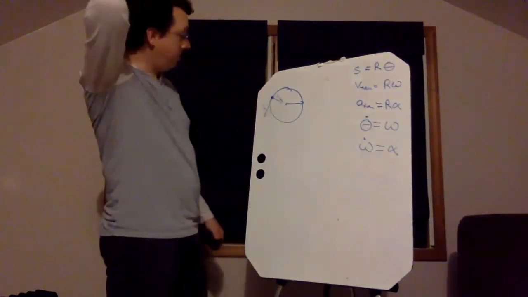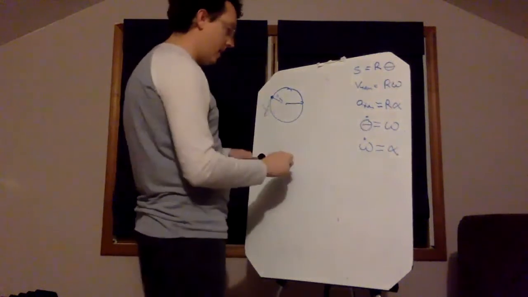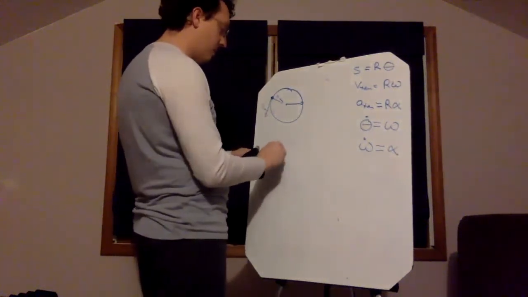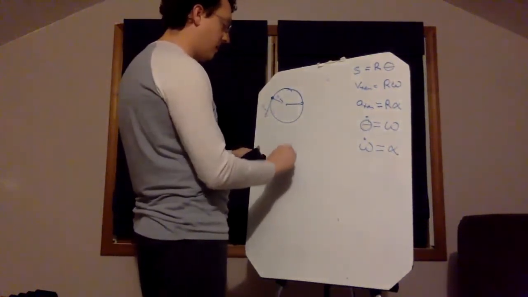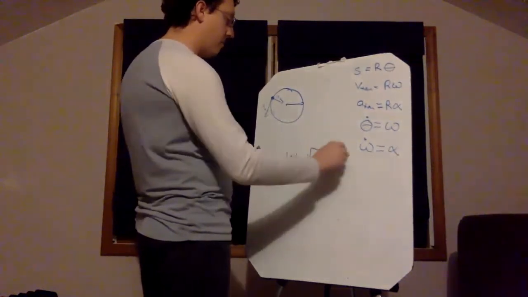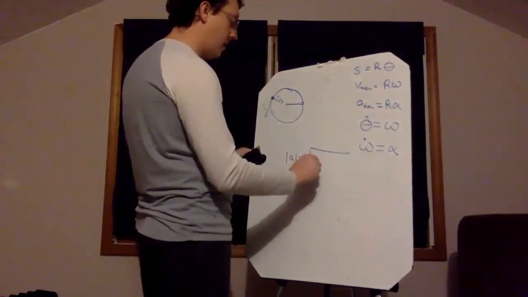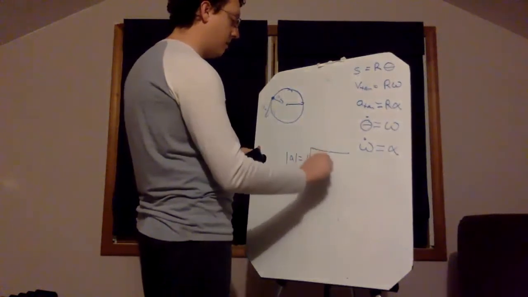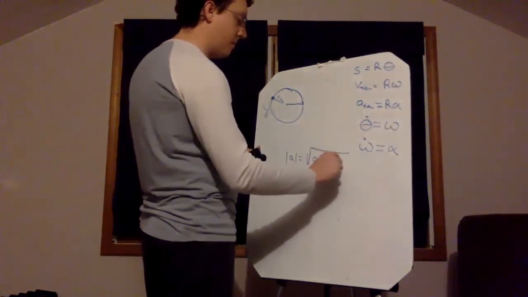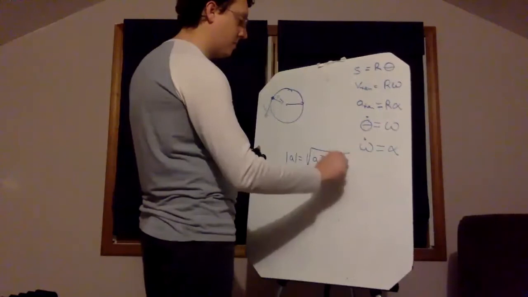You've got both components, and I said that the formula for the magnitude of the acceleration was the square root of A tangent squared plus A radial squared.